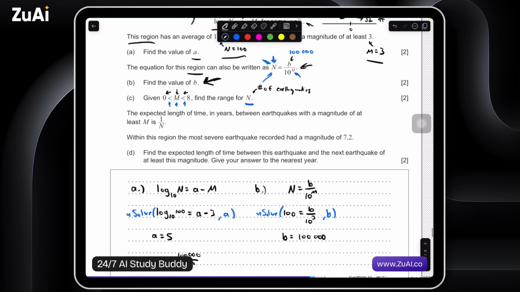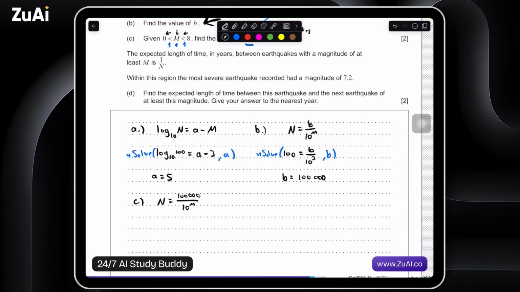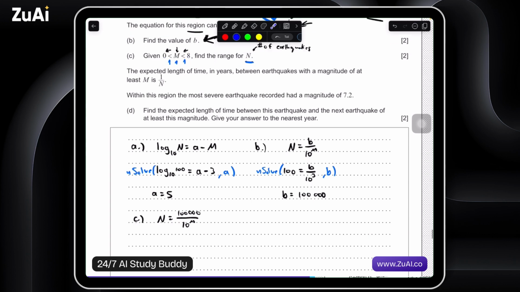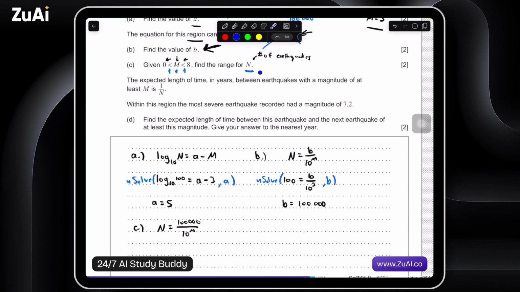Okay. So the number of earthquakes is given by 100,000 over 10 to the power of their magnitude. And in this case, we're looking for earthquakes which have a magnitude greater than 0 and less than 8. So let's find the total range for n.